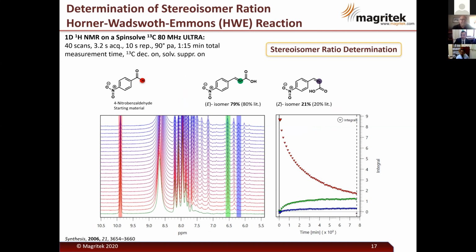Since NMR can give both structural and quantitative information, we were able to determine both isomer products of the reaction and quantify the ratio, again without the need of working up the reaction mixture or separating the two isomers. This result also agrees very well with the reported values in the literature, where they actually had to separate the two isomers.